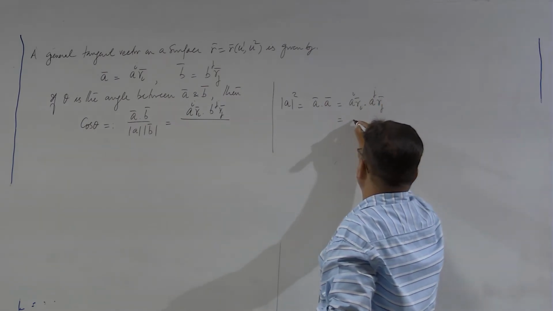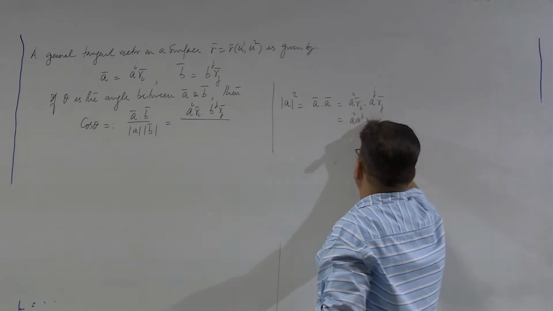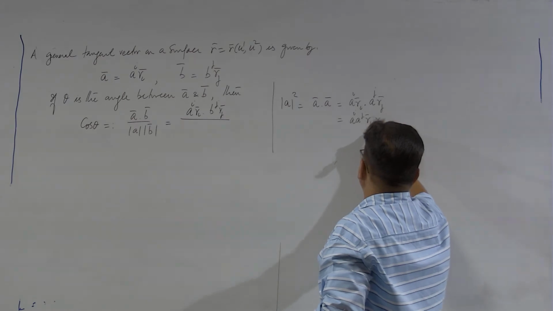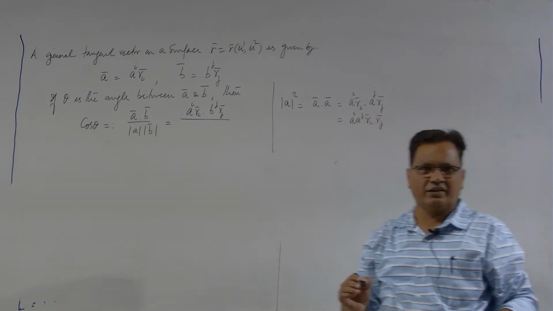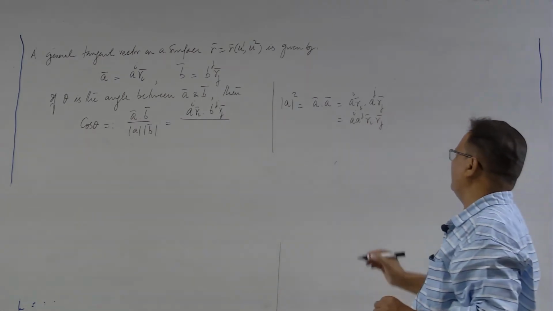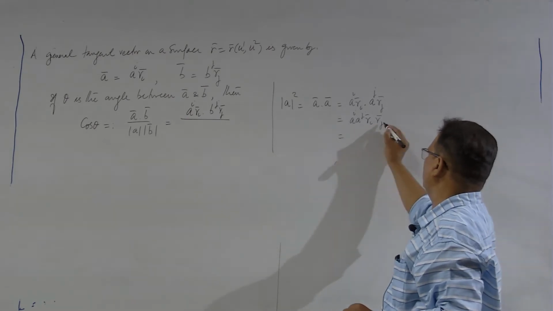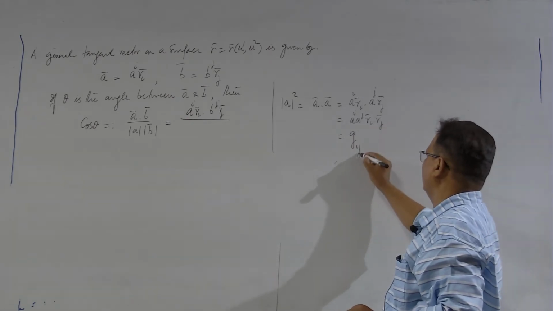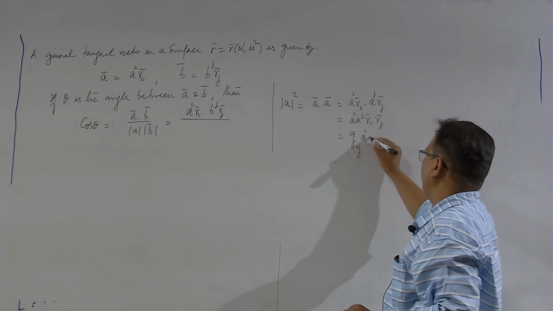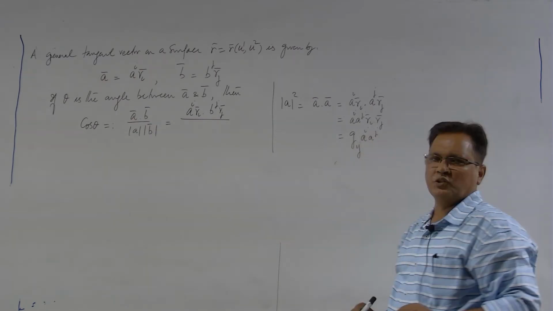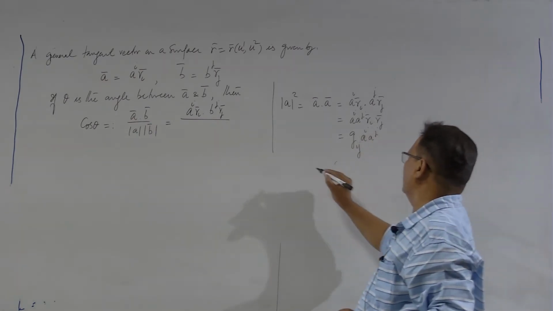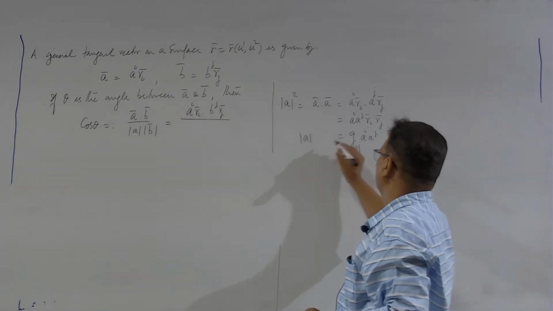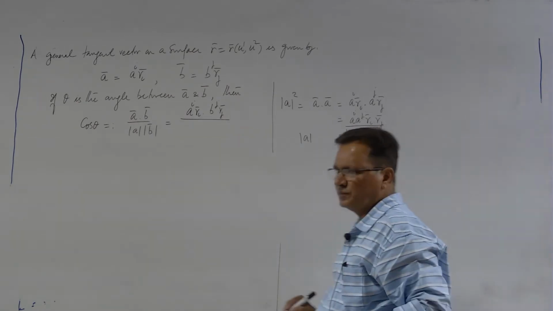So, this becomes a i a j into r i dot r j. r i and r j are vectors, so the dot product will work between them. So, the dot product is G i j, giving G i j a i a j. So, mod A square is this much, and therefore, mod A will be the square root of this.